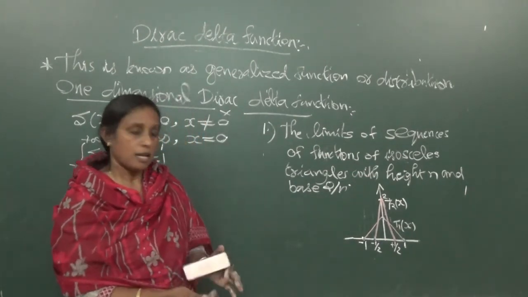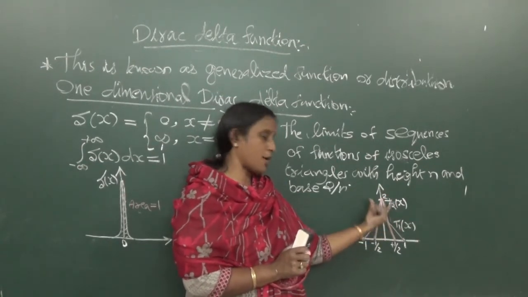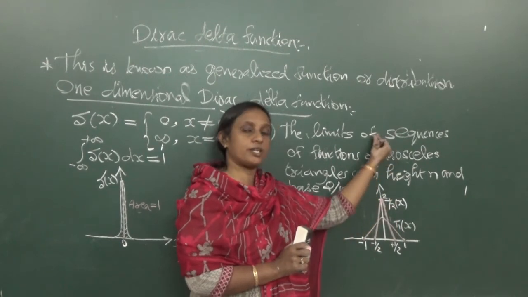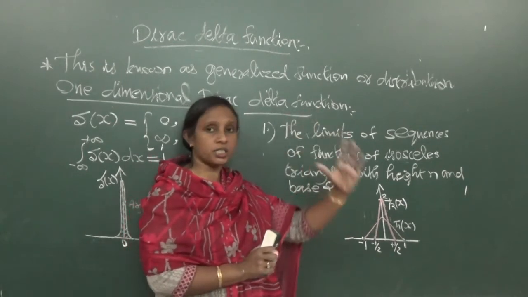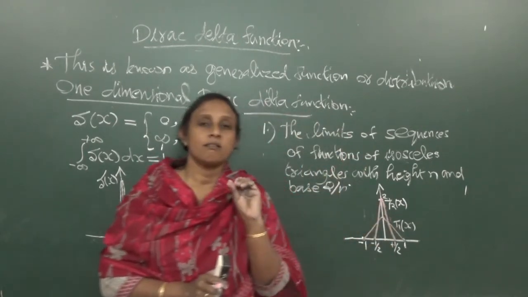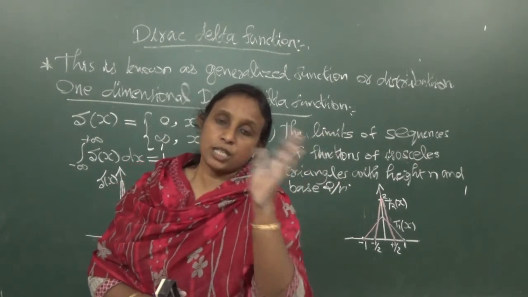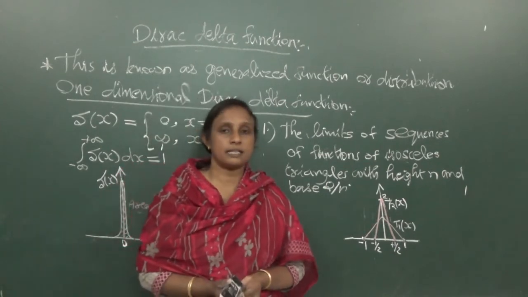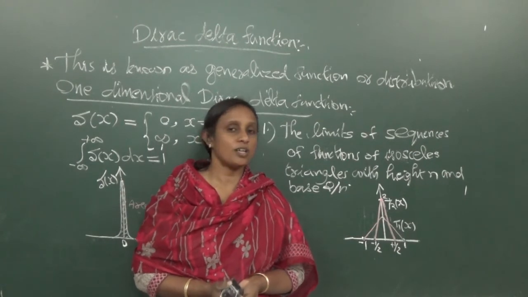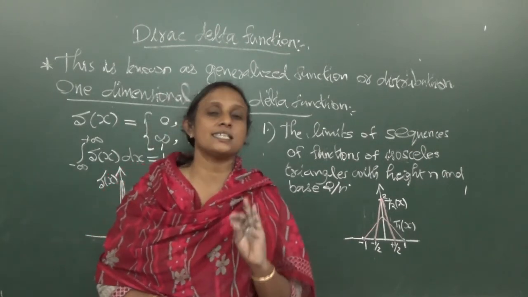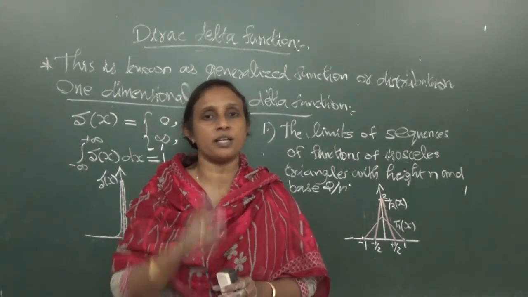If you increase n, you will get narrower triangles, and this goes to a very narrow peak. That is called the limit. So for large n, this sequence converges to the Dirac delta function. Now I think you can get a picture of what the Dirac delta function is in one dimension. One dimension means it has only one independent variable.